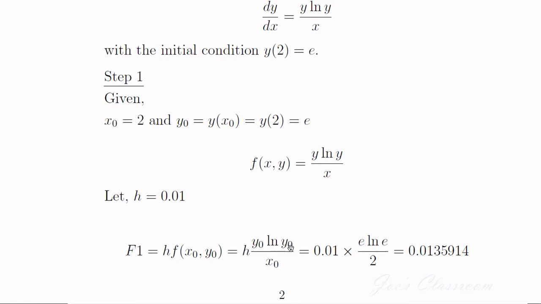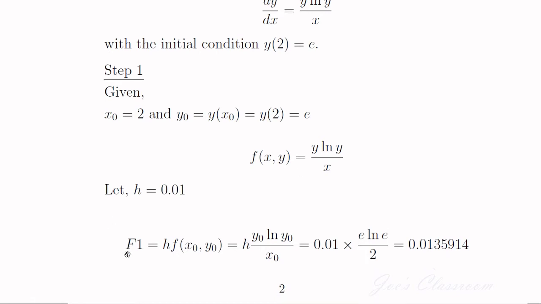If you substitute all these values, because we have the initial values already, and h also we have taken as 0.01, we can substitute those values and this is what we will be getting. We got the value of f1. Now it's time to get f2.